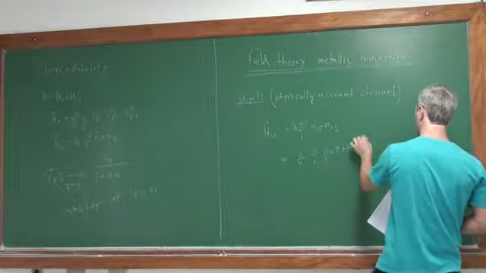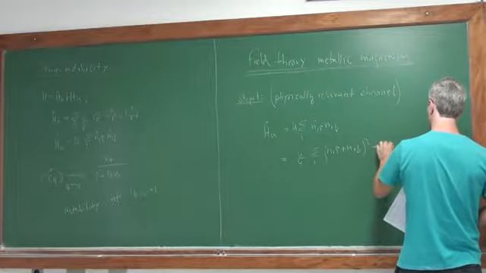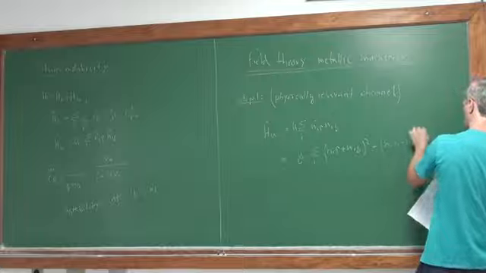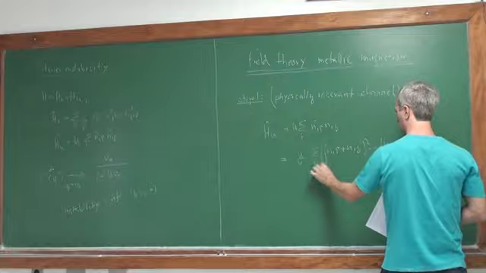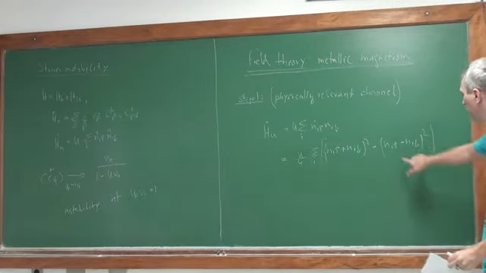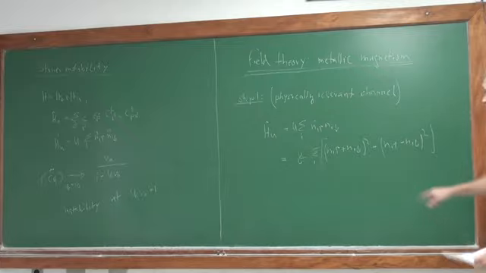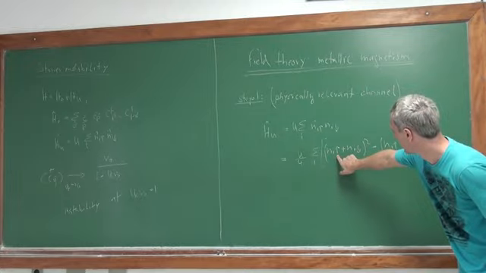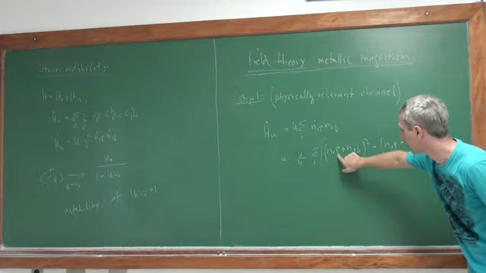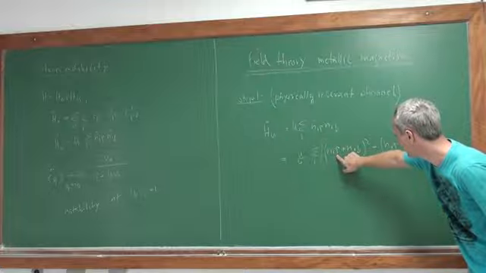Just write it as a sum of spin up and spin down, squared, and then the difference of spin up and spin down, squared. This is the same as this contribution here. Now we did this separation because this is just the total density, density spin up plus spin down.